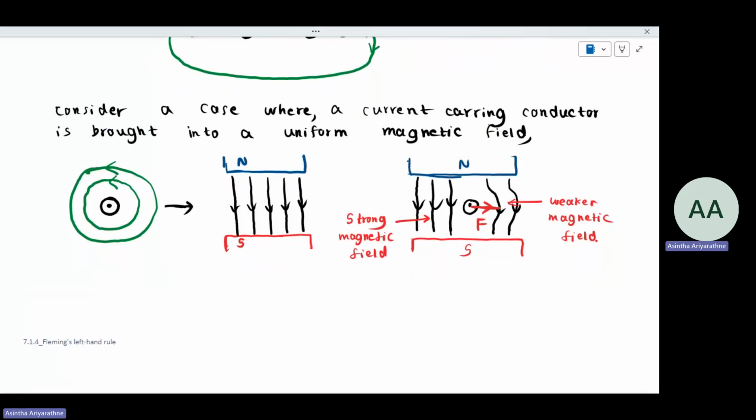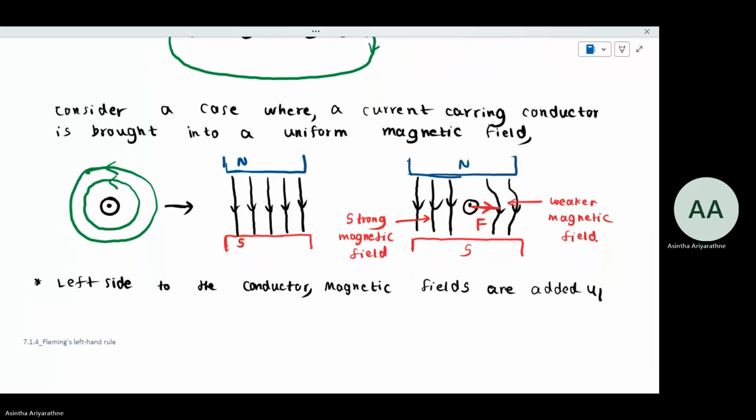So the conclusion is, on the left side of the conductor, the magnetic fields are added up, resulting in a strong magnetic field.